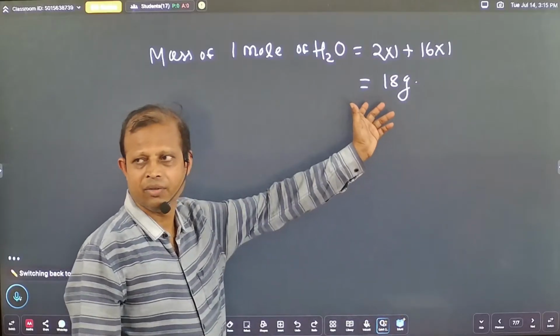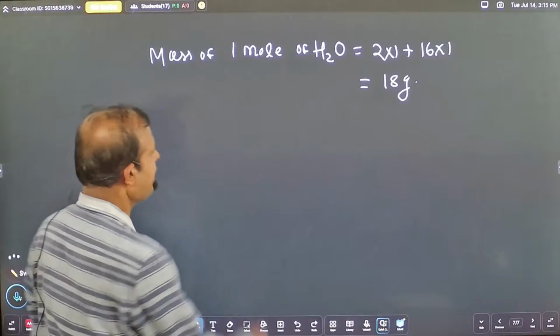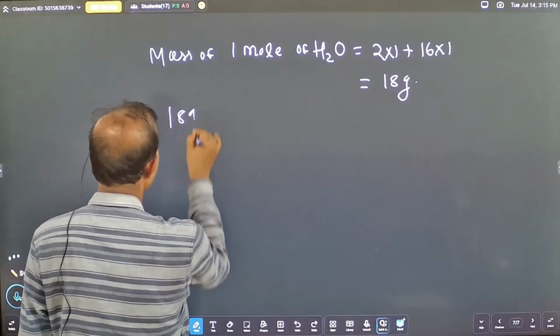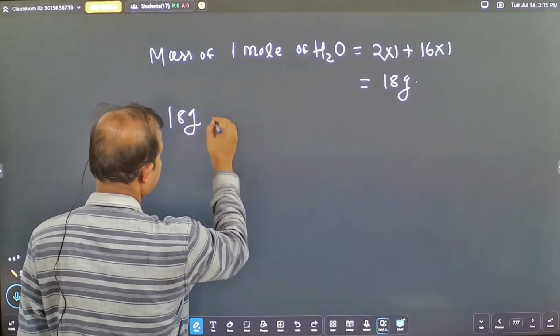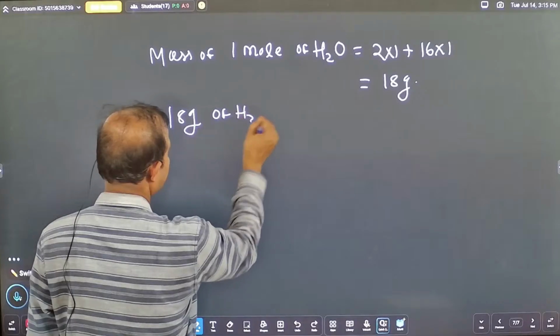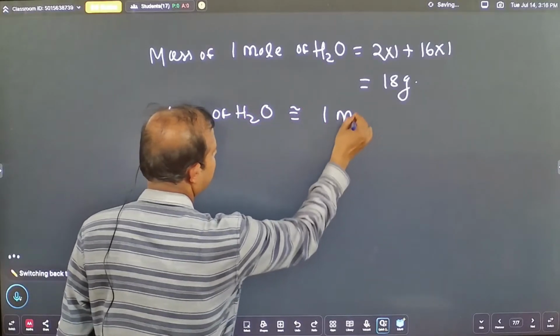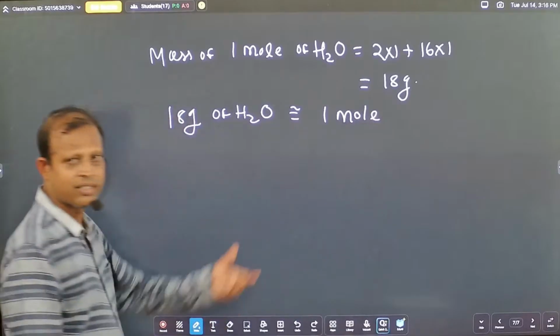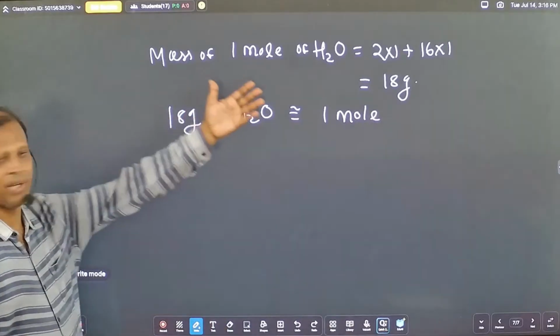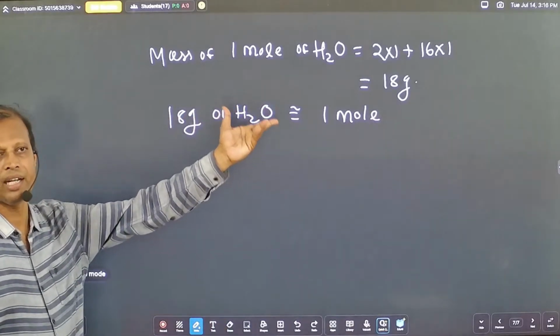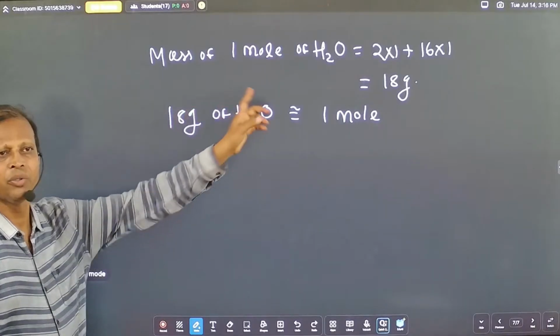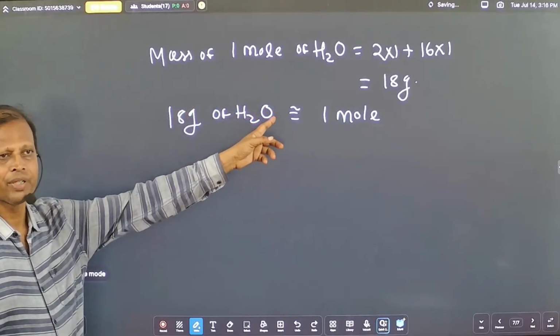Yes or no? 18 gram of water corresponds to 1 mole. In other words, just by reversing the statement, 18 gram of water is equal to 1 mole. Yes or no?